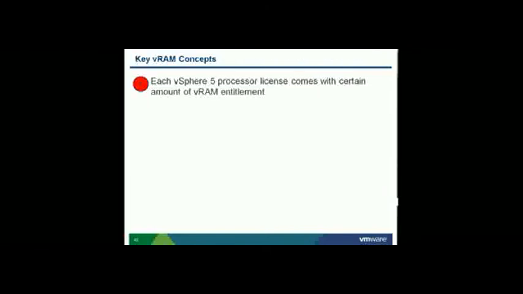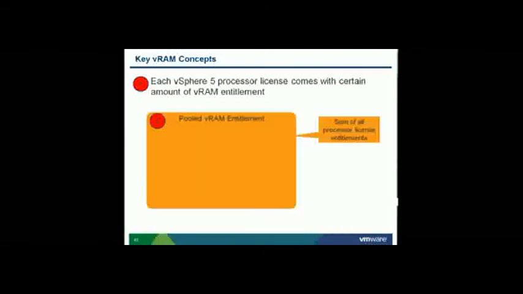So you continue to buy processor licenses for each physical processor in your vSphere hosts, but each processor license is going to come with a certain amount of VRAM entitlement depending on the flavor of vSphere you buy. You add up all the VRAM entitlements, so if you bought 4 or 6 processor licenses, it would be 6 times the entitlement coming with each processor.